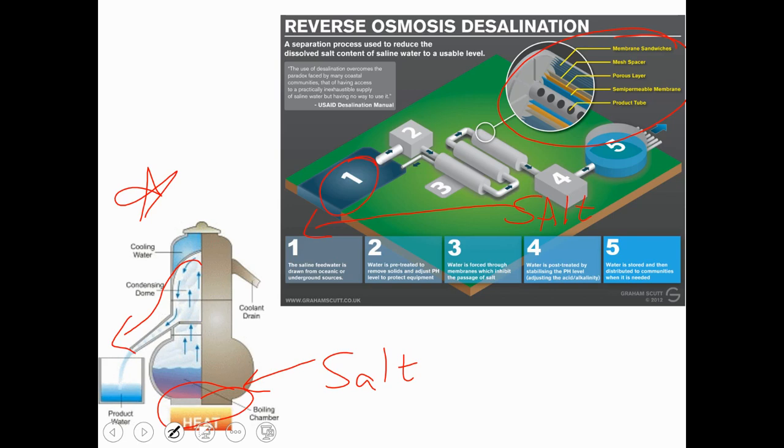So a lot of people say, well, why don't they just use that salt for like table salt? Well, there's so much salt in the world, and companies are using it already, that this salt would be useless. It's not a very profitable piece of material or merchandise.